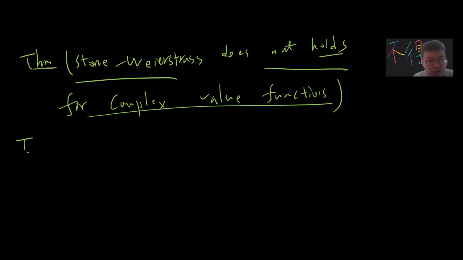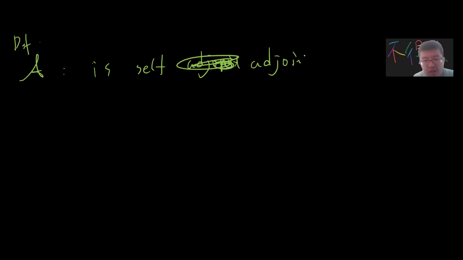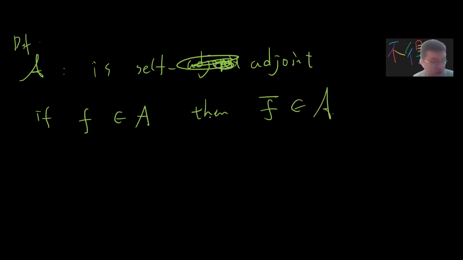Okay, but there's a theorem to help you. So let me just give a definition. Okay, so I define A. Now A is an algebra of complex functions. Let's say A is self-adjoint if f belongs to A, then the complex conjugate of f will also belong to A. So this is called self-adjoint.